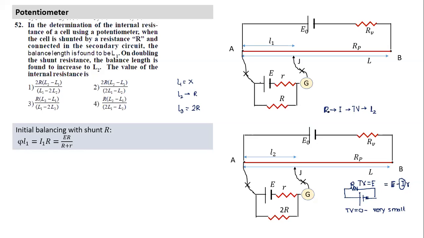So let's see, when R increases, what happens to I? Current will decrease in the circuit. If current decreases, what happens to terminal voltage? Increase. What happens to L2? Increase. Are we clear about this part?